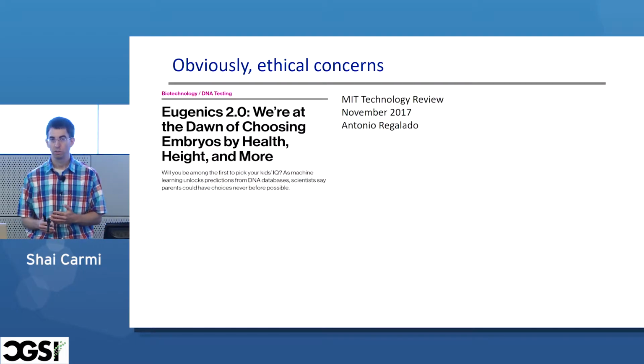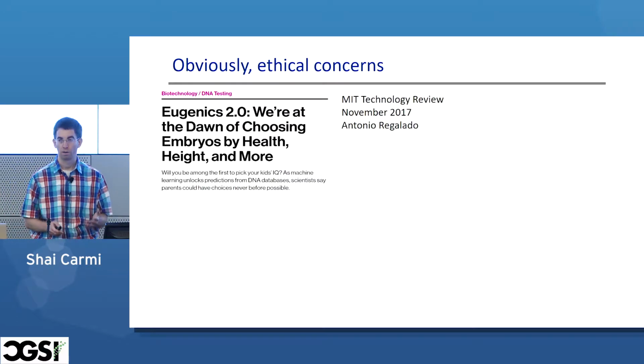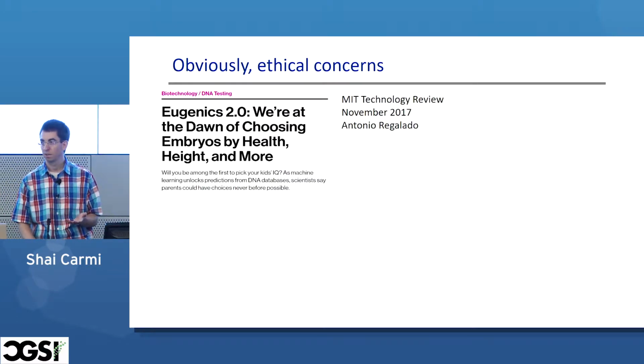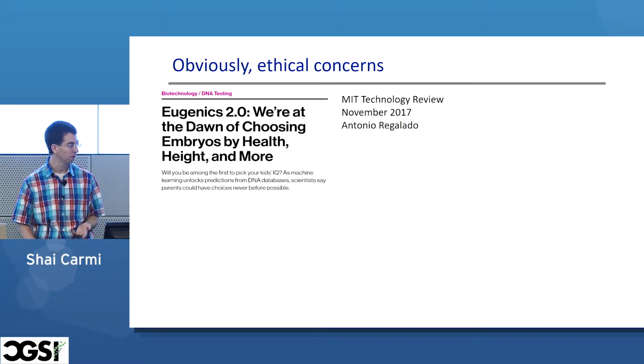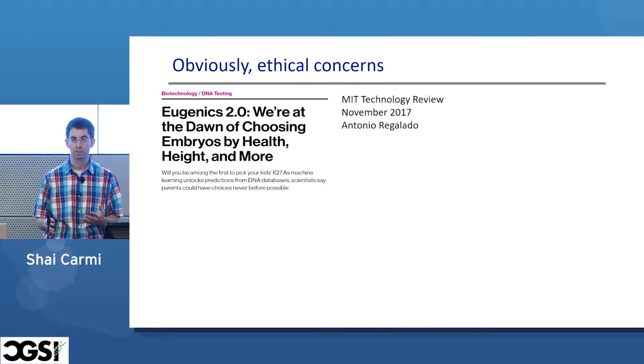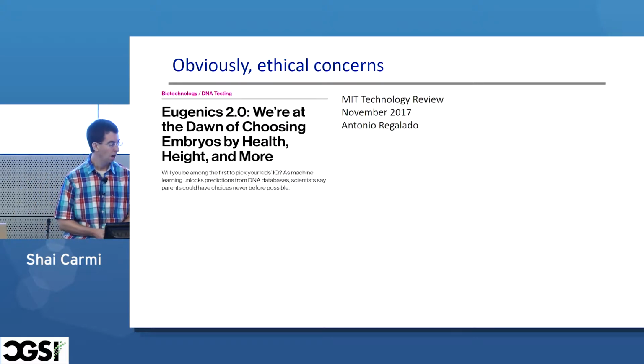If this sounds disturbing to you, you're not alone. There are lots of ethical concerns. The key point is that it's basically eugenics, right? Because we're trying to control reproduction in a way to change the genetic composition of the population.